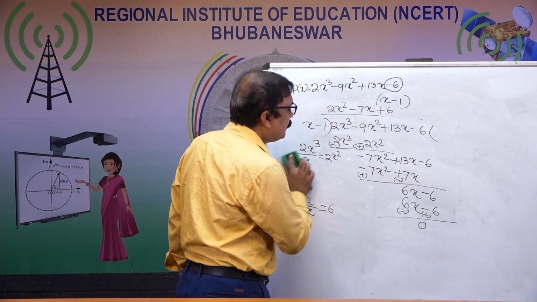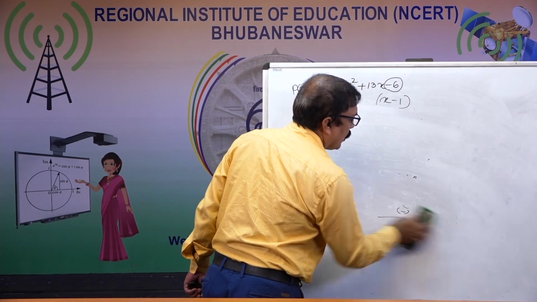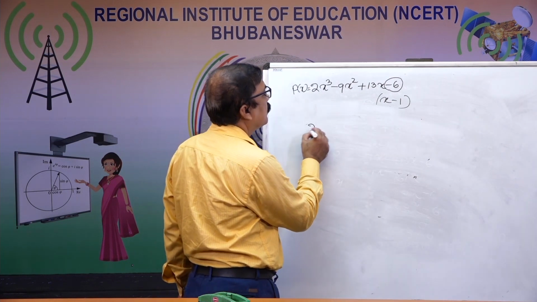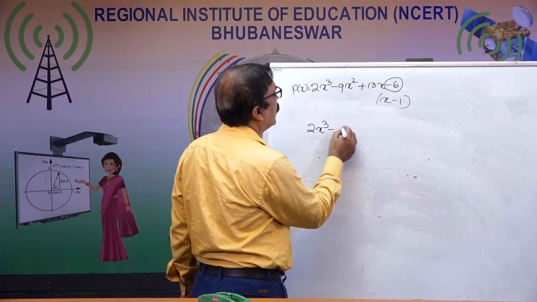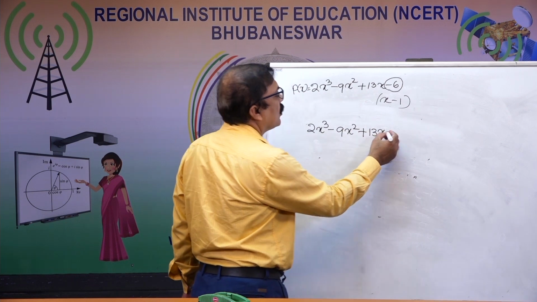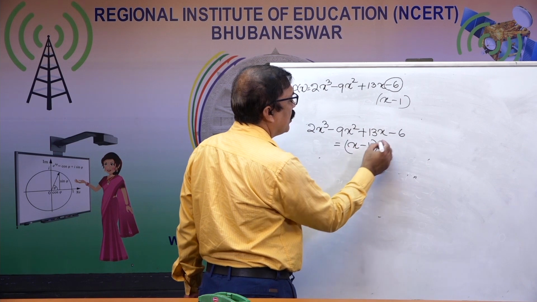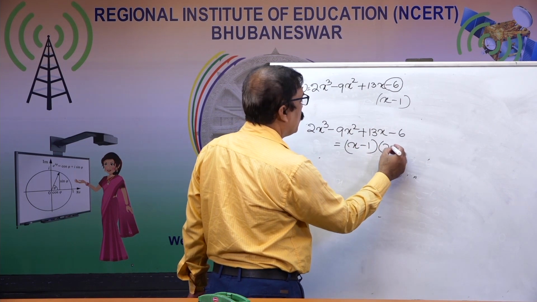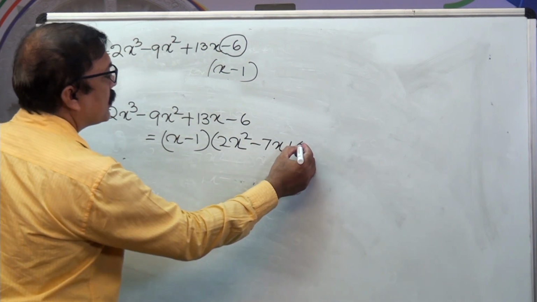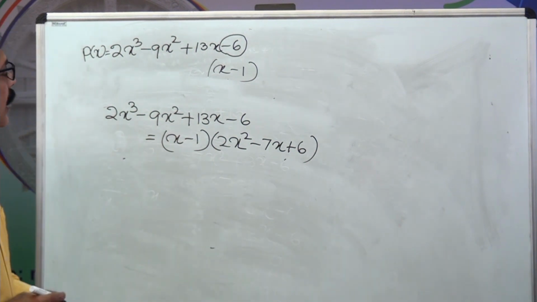So we can write 2x cube minus 9x square plus 13x minus 6 is equal to x minus 1 into 2x square minus 7x plus 6. We can write like this.